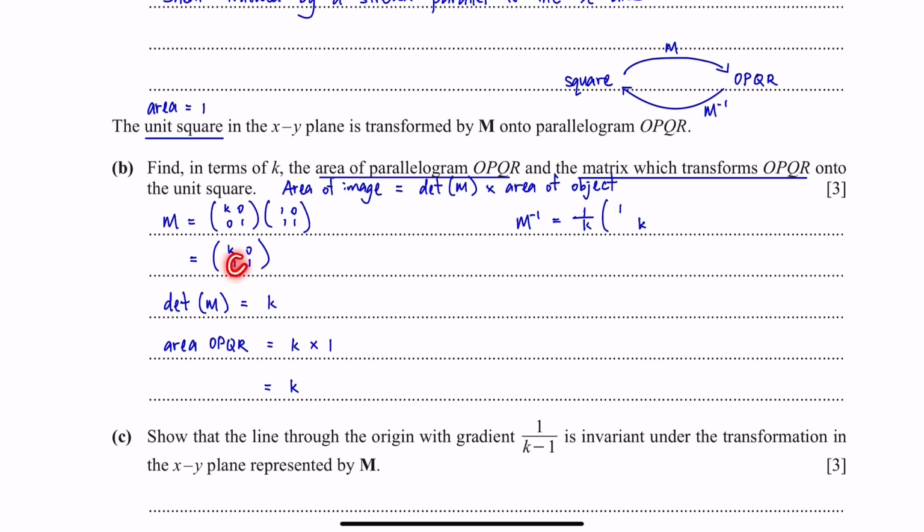This one is positive 1, so we change it to negative 1. And 0 is just 0. This is how we find the inverse of a 2 times 2 matrix. So we get 1 over k, 0, negative 1 over k, 1. This will be the matrix that transforms OPQR onto the unit square.